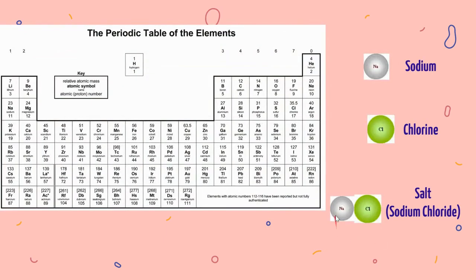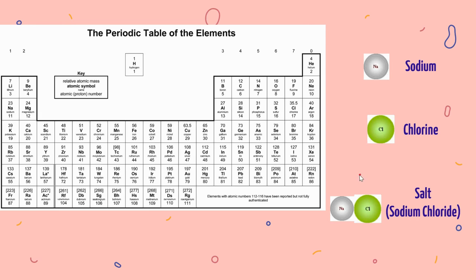Now, if we wanted to do a process to figure out if we have elements or compounds here, if I look at sodium up here at the top, and I try to find sodium somewhere on this periodic table, I'll find that sodium exists on the periodic table. Therefore, sodium is an element. We can do the same thing with chlorine. Notice that chlorine also exists as an element.